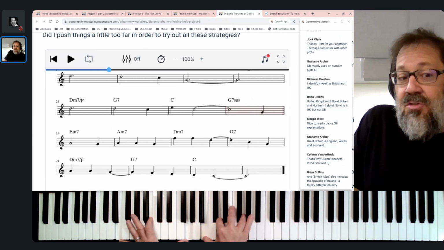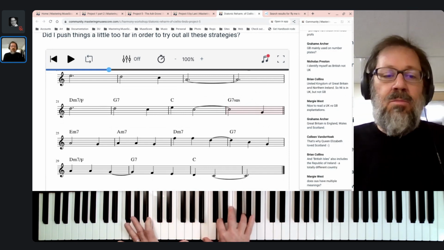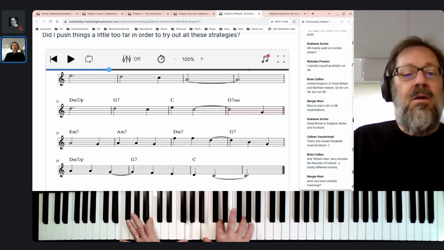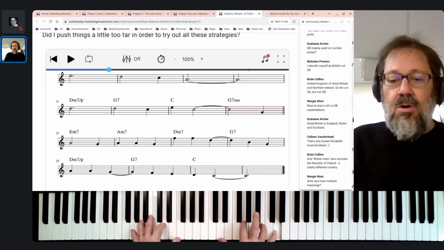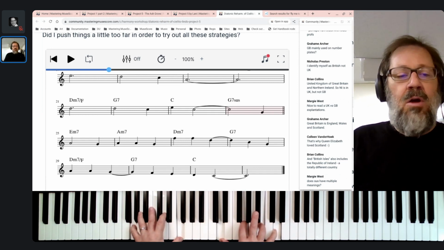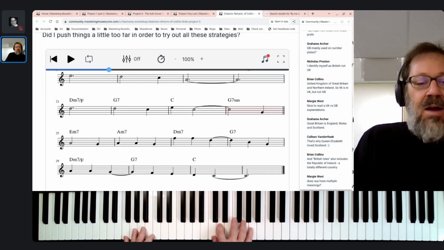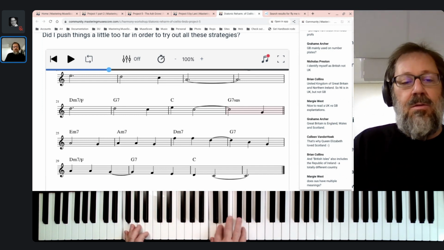But in this case, it's resolving by step. So it's okay, even by classical or Baroque standards, as long as you resolve it. And then totally fine. These are all chord tones, right? So it's all resolving along the circle of fifths. And then again, he's got the 2-5-1 with the 2 chord in first inversion.